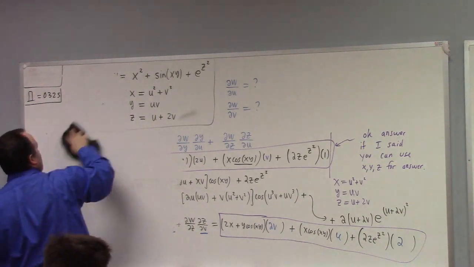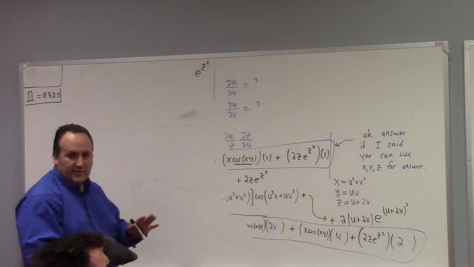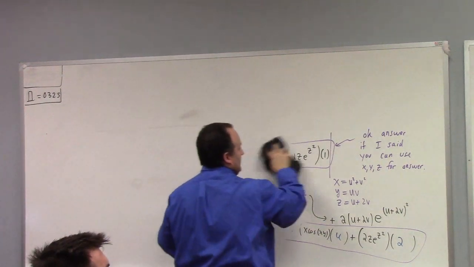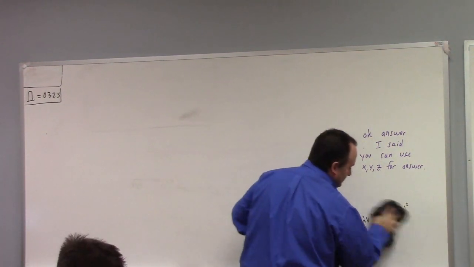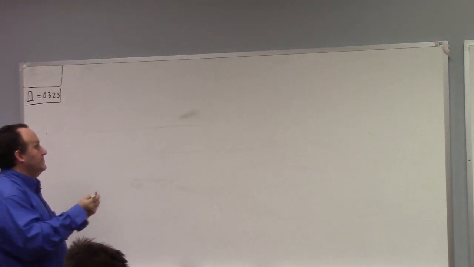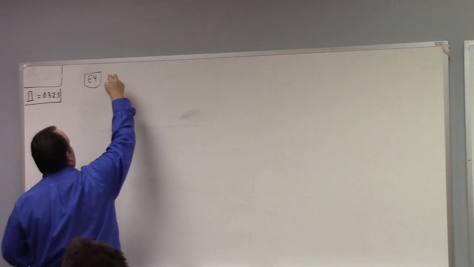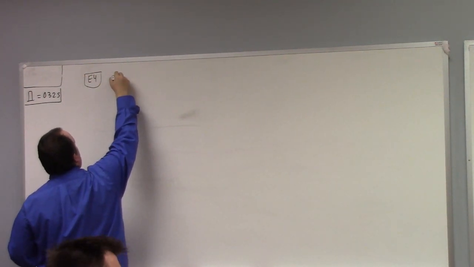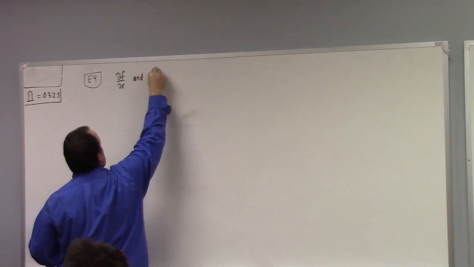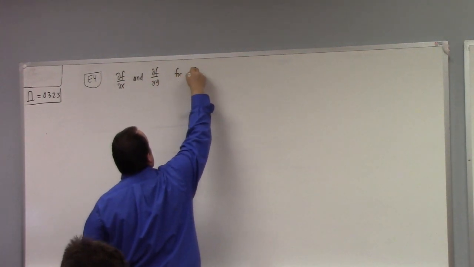But there is a more interesting kind of chain rule, I think, which is just coordinate change. If you have a formula which is defined for one system of coordinates, can you change it to another? In other words, thinking about two variables, example 4, we have partial f, partial x, and partial f, partial y for functions of x and y.